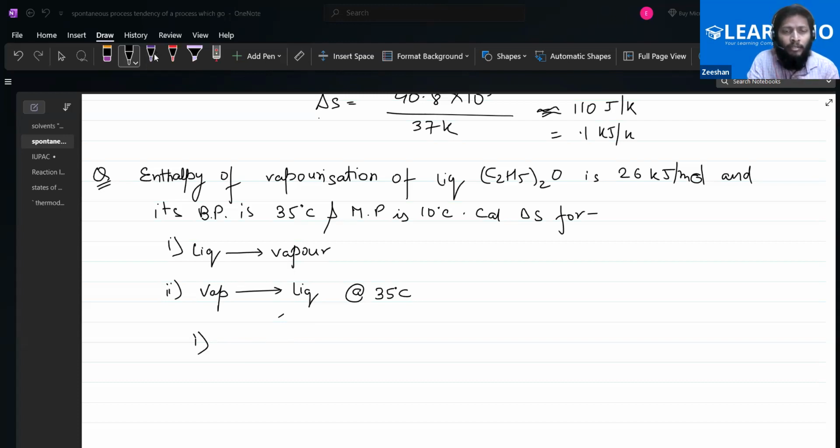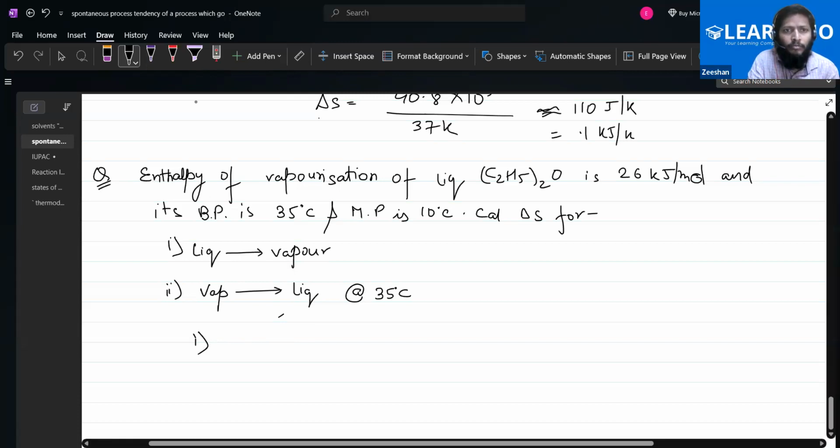So where were we? By formula, we know delta S is equal to Q by T, and here Q, the heat involved, is 26 kilojoule per mole.